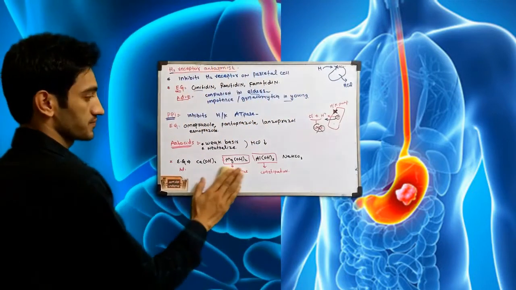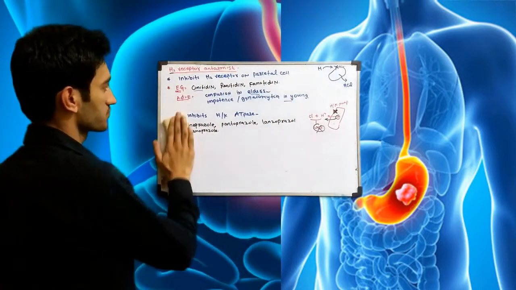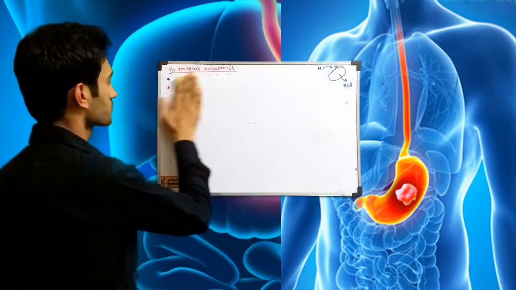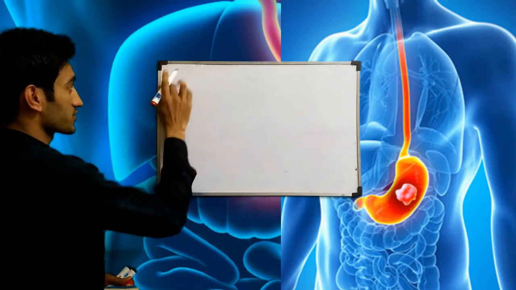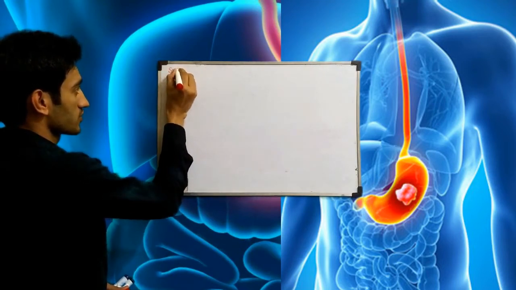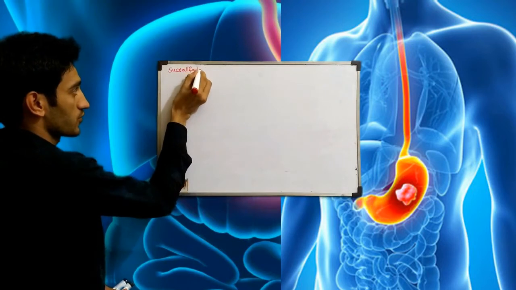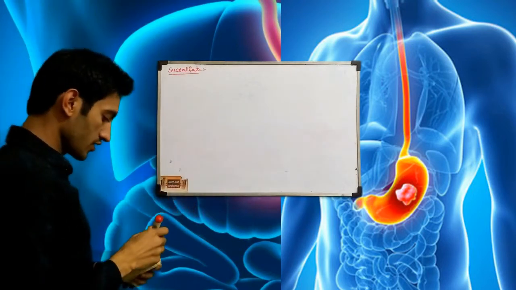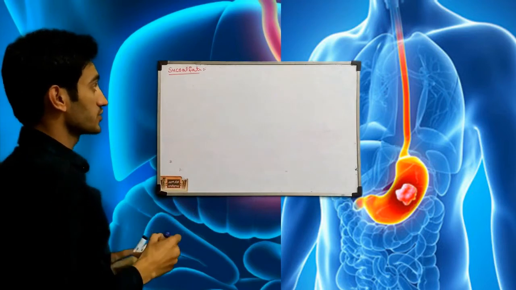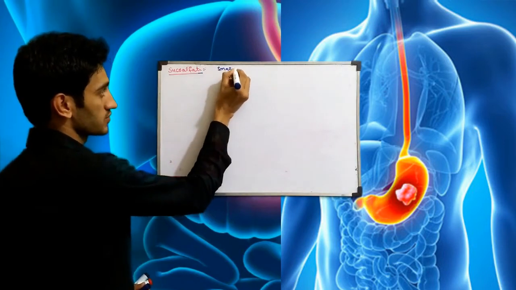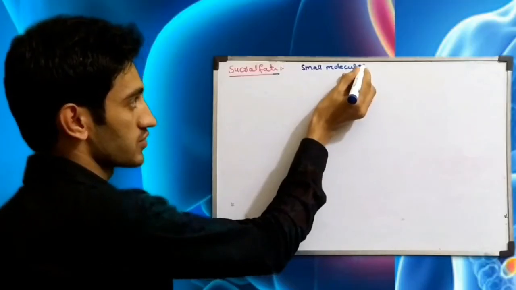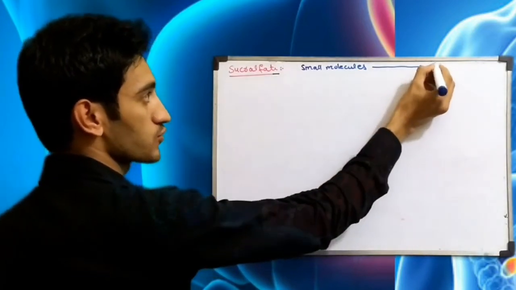And now we will talk about the drugs which increase the mucosal defense. Drugs which increase the mucosal defense include sucralfate. First we will talk about sucralfate. So what is the mechanism? These are small molecules which will polymerize in the acidic environment of the stomach to form polymers.